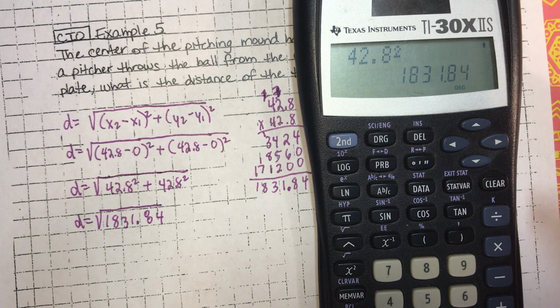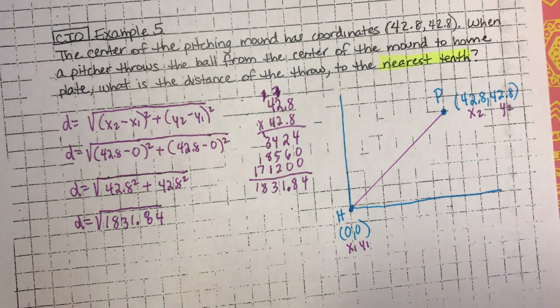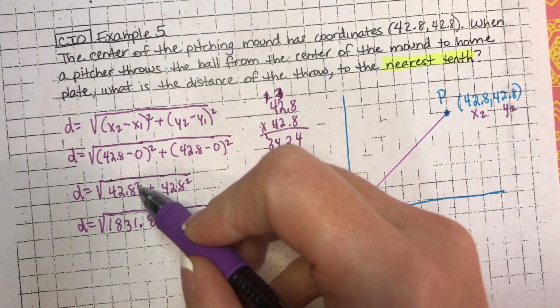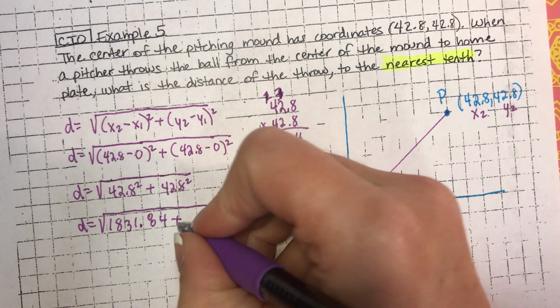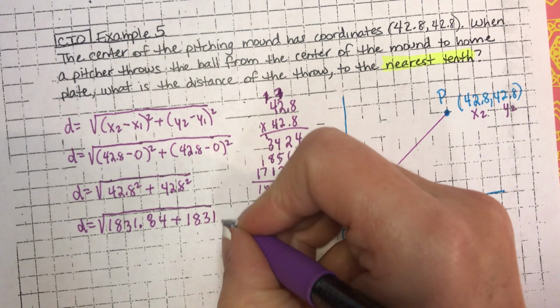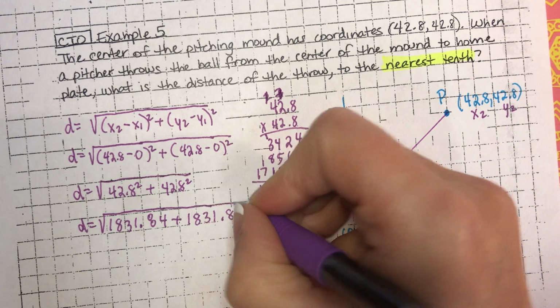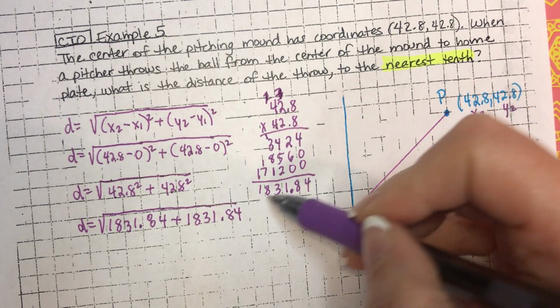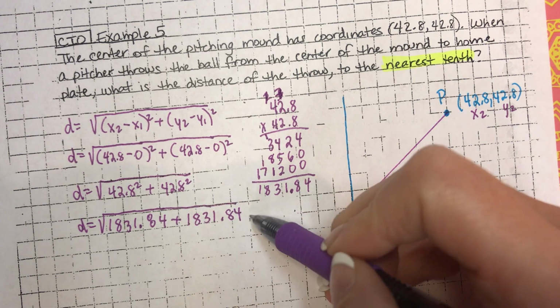Oh, wait, I'm tripping. That's what one of them equals, right? So 42.8 squared is equal to this. Plus, we have to do this, which is the same thing as this, because 42.8 squared is this, plus 42.8 squared is this.